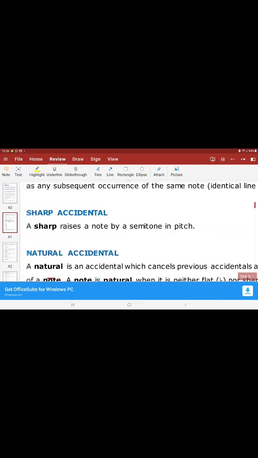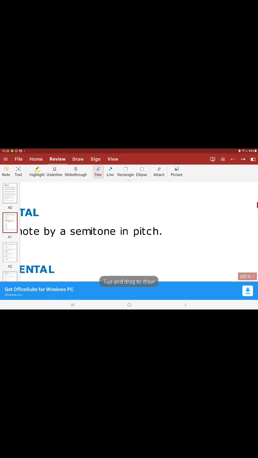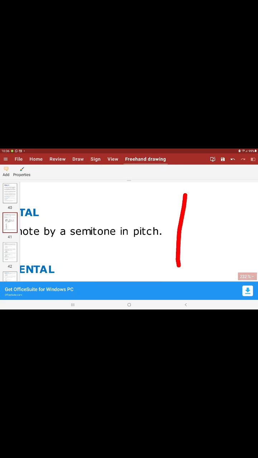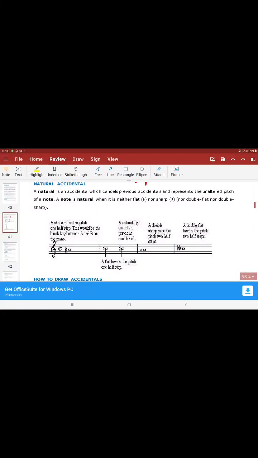We can look at how we denote a sharp. Just write two lines like this, then cross. That gives you a sharp. We can also have a double sharp.